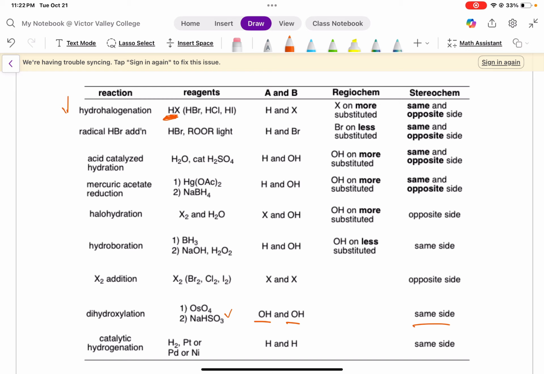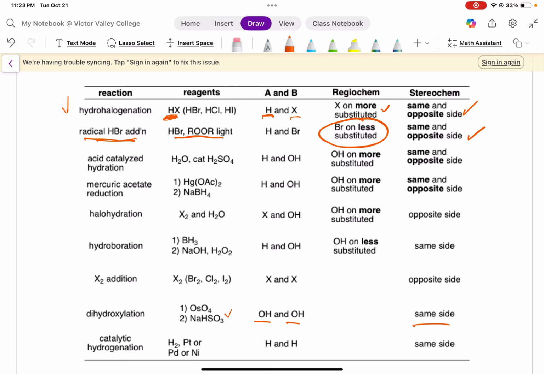It tells you what we're adding. X goes into the more substituted carbon, and it tells you the stereochemistry, on the same side and opposite side. Now free radical, here's a condition. It's going to be anti-Markovnikov, and it goes same and opposite side.